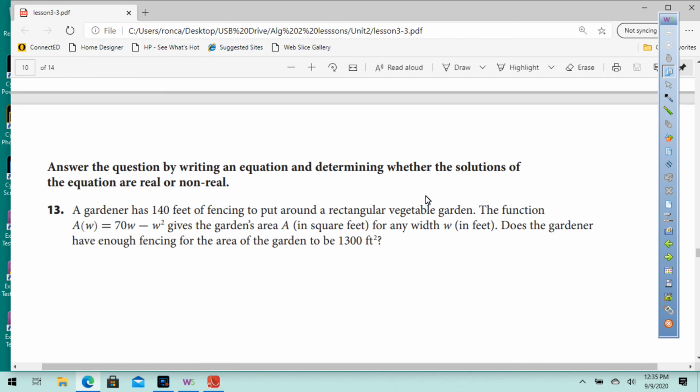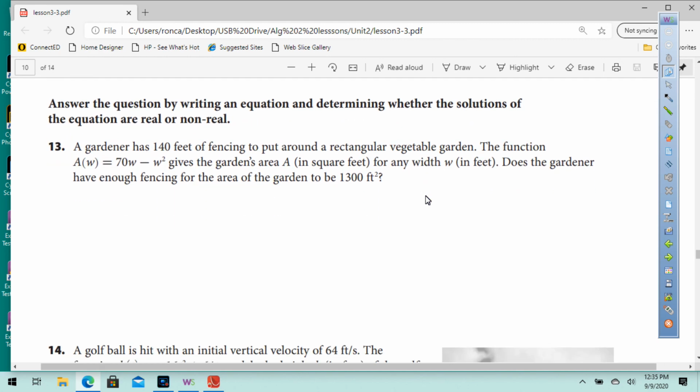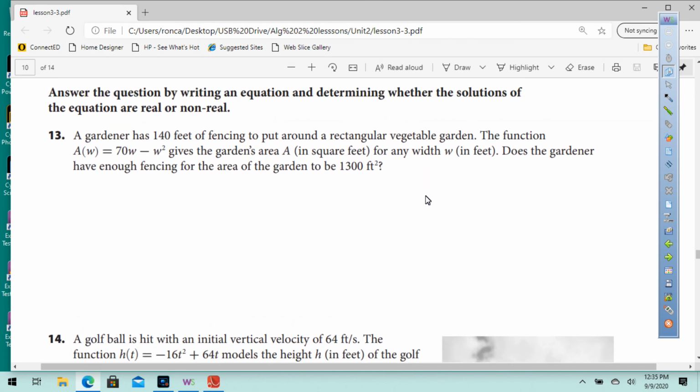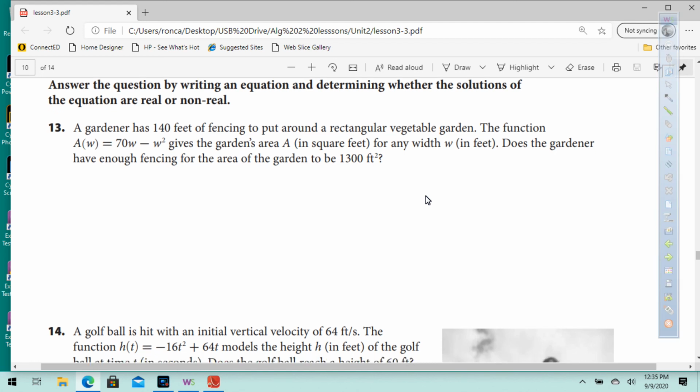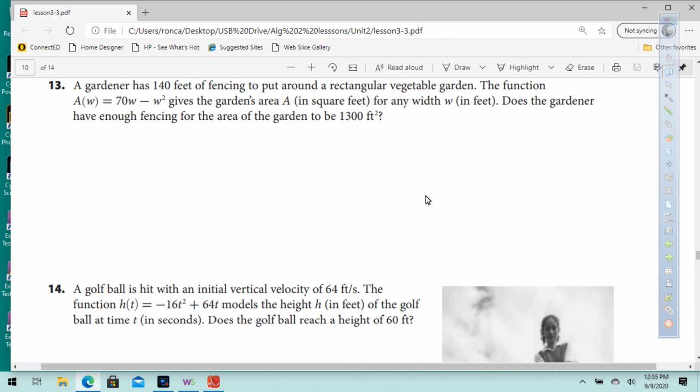Any more? Yes. Answer the question by writing the equation, determine whether the solutions of the equation are real or non-real. Don't necessarily have to solve it, but anyway. All right.